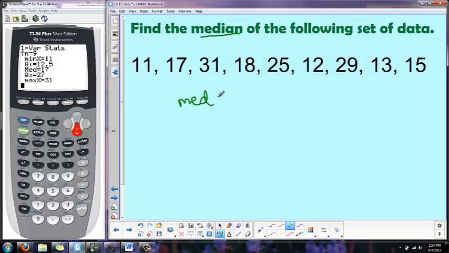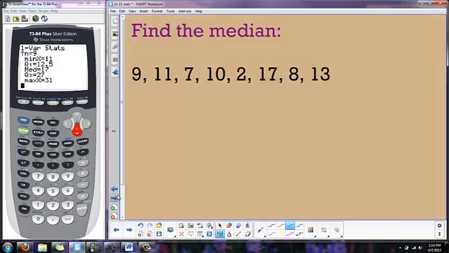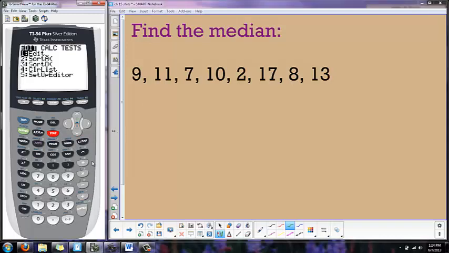So that was a lot quicker than doing it out by hand. A lot of the stuff that you're going to do on this test just involve you typing numbers in and letting the calculator do the work for you. We're going to find the median for this set of information. So I went to Stat again, Stat Edit. I'm going to clear out that list and then type all those numbers in.